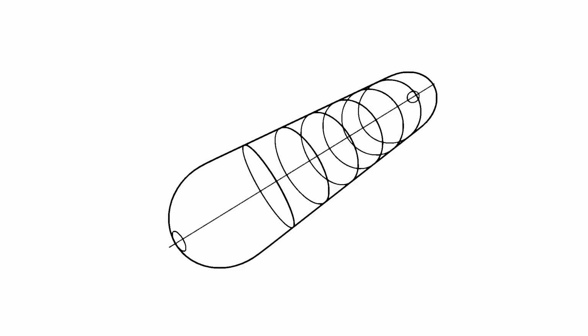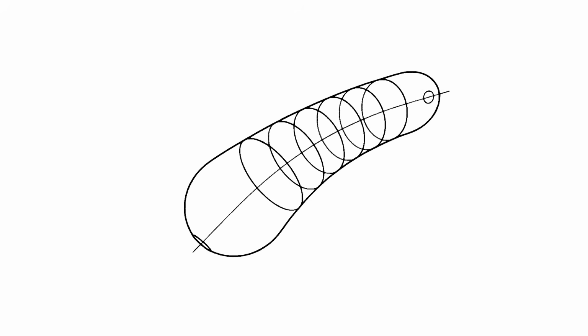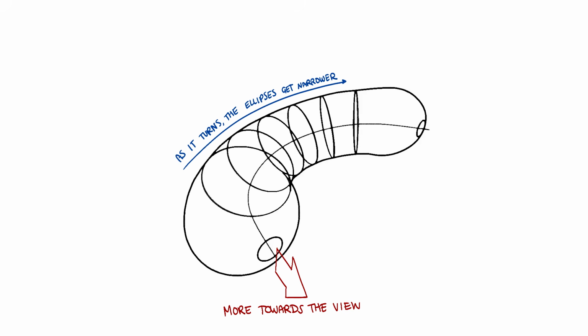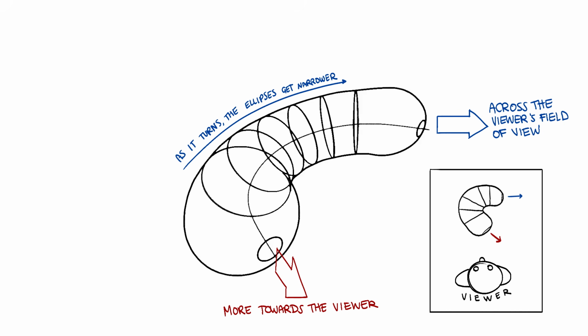On top of the way in which a straight cylinder would behave, as our sausages bend more dramatically, we also would have to take into consideration the relationship between an ellipse's degree and what that tells us about how the circle it represents is oriented in space. The narrower it is, the more it's pointing across our field of view, and the wider it is, the more it's turned to face the viewer head-on. This does mean that you actually will want to think about how you want your sausage to behave as you draw it.